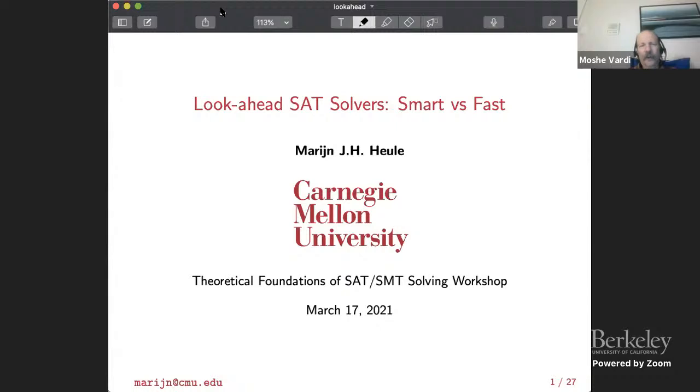The first talk is by Marijn Heule, who will talk about non-CDCL SAT solvers, focusing on smart versus fast, or as some people call it, a Brainiac versus the speed demon. Go for it, Marijn.